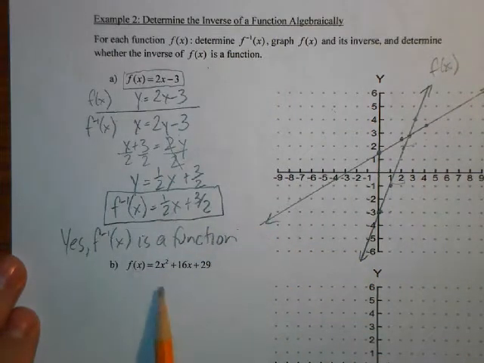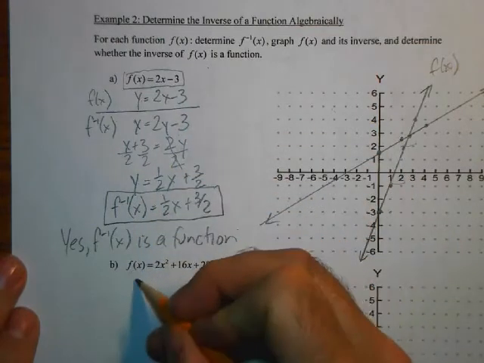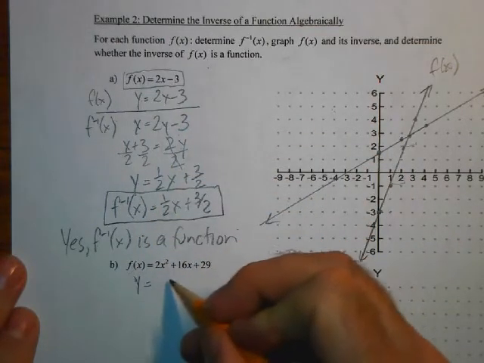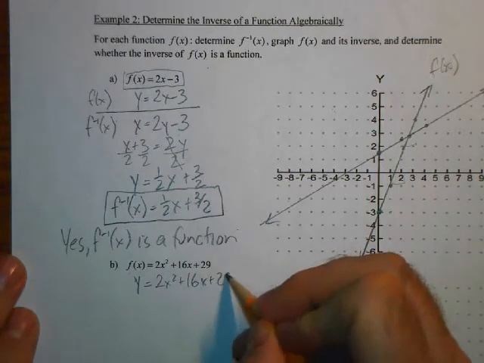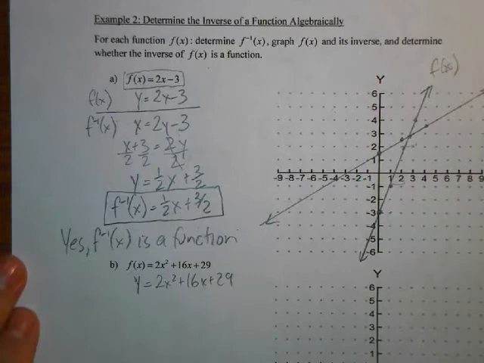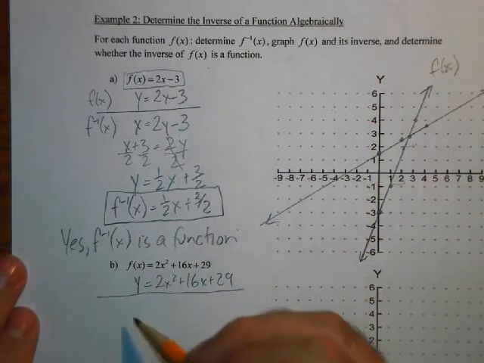This equation here, this obviously is a quadratic. Now, there's a slightly different thing we have to do. So we will do what we did up here, change the f of x to y. Okay, and again, the next thing we will do is flip the values.